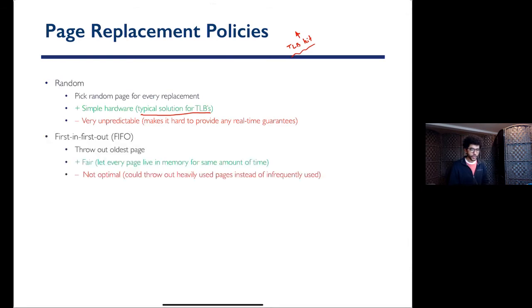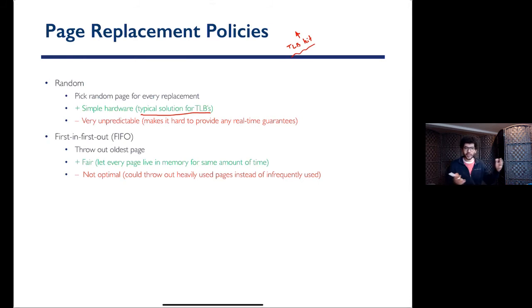Now, the other thing that you could do is first come, first served. You could pick the page that you brought in first, and you can kick that one out. This is kind of fair because each page gets to be cached in memory for the same amount of time, right? Because the first one that came in is the first one that is going to be kicked out.